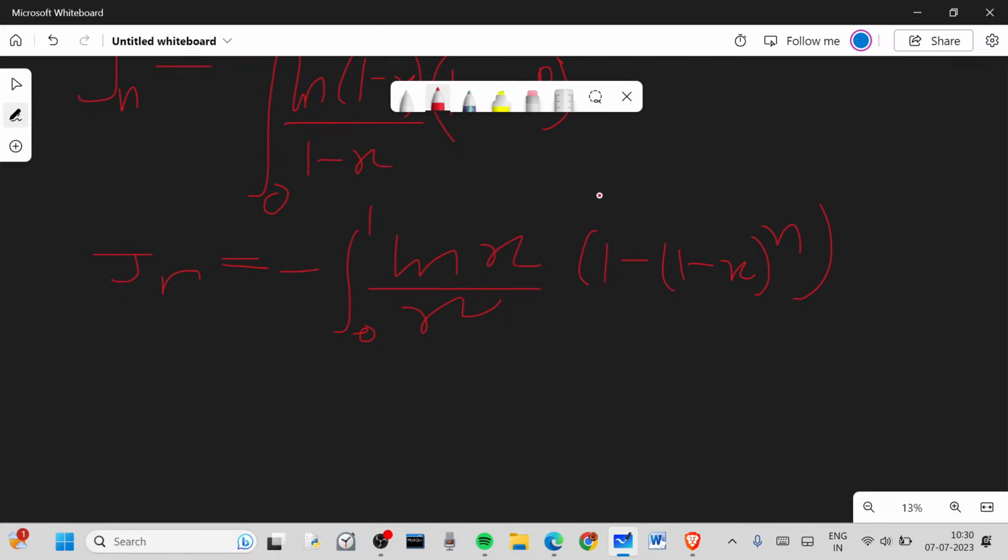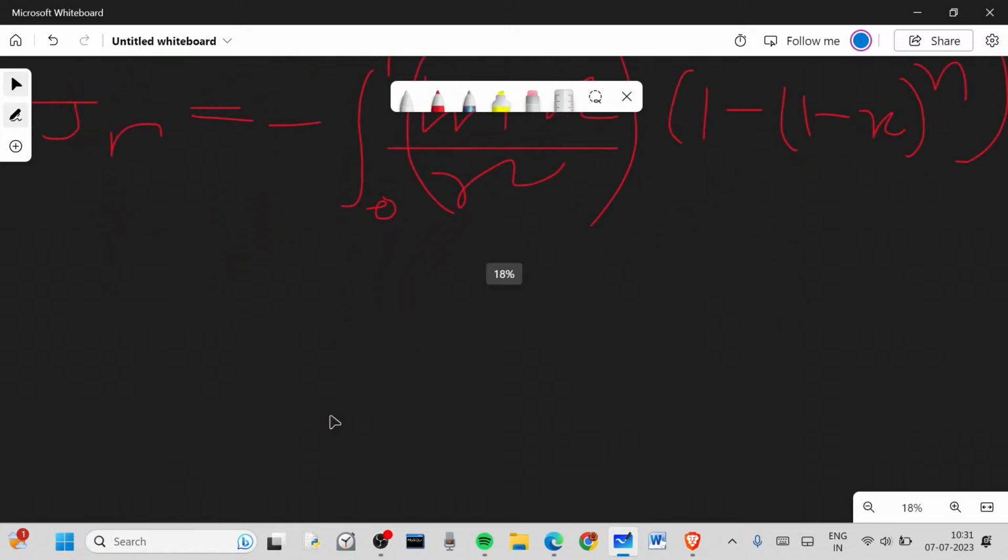If I put ln x as t, one more thing: what if we apply integration by parts over here? Because then I would integrate this function and differentiate this one. Then I think it would work out. It seems to be right. First of all, let me write what integration by parts is.